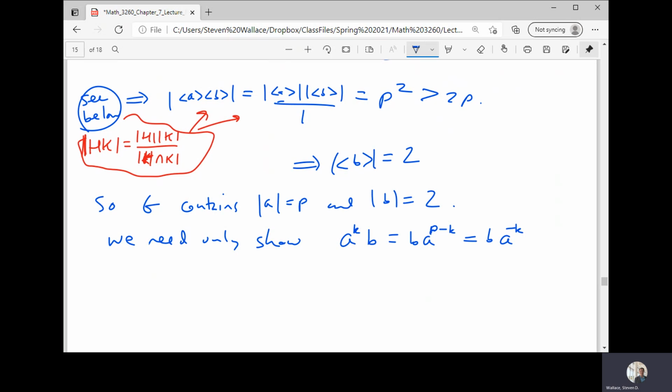But notice that AB, this element here, is not in the subgroup generated by A, since B is not a power of A. So that means that you must have order 2, since any element that isn't in that subgroup has order 2 from the previous argument.